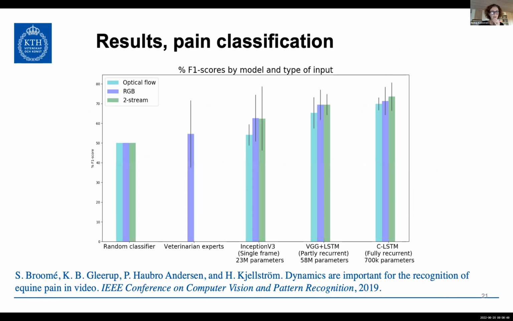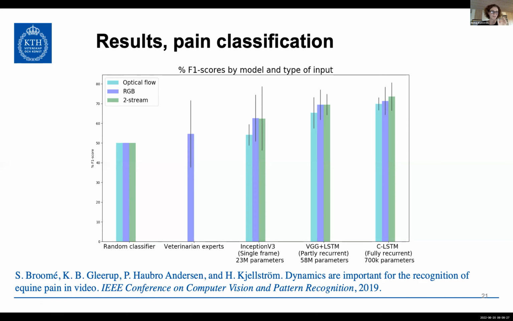The results show a lot of different things. We did a veterinary baseline study where we let human veterinarians look at these 5-second clips and provide a label. And it was extremely difficult for them. It should be noted that this is not the way you diagnose a horse.